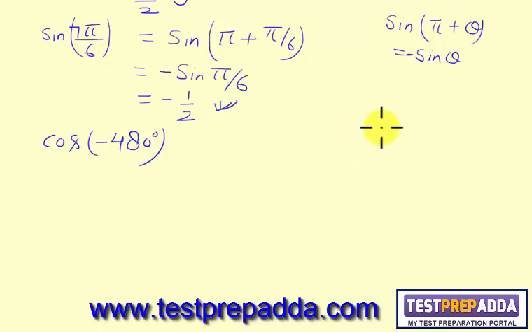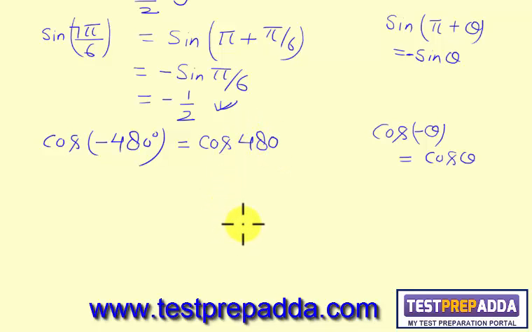First of all, as we have discussed in the previous classes of trigonometry, cos minus theta is cos theta. Cos minus theta is cos theta. Okay. Now, so cos minus 480 degree will be cos 480.